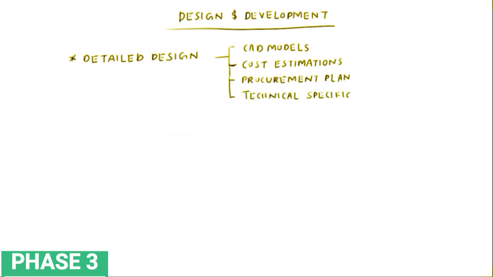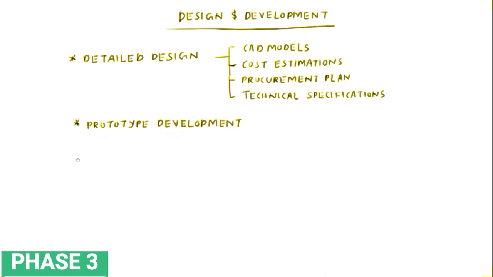The second activity is prototype development. Once the design is done, you need to physically see the samples and evaluate. For that, we have to develop a prototype. It's a process of developing physical samples from the CAD models or the design files to evaluate the design and to get a look and feel of the product.